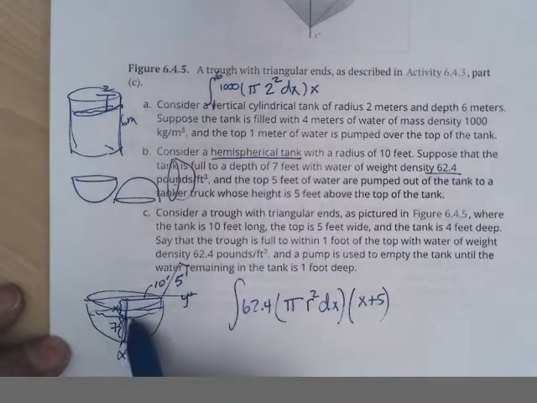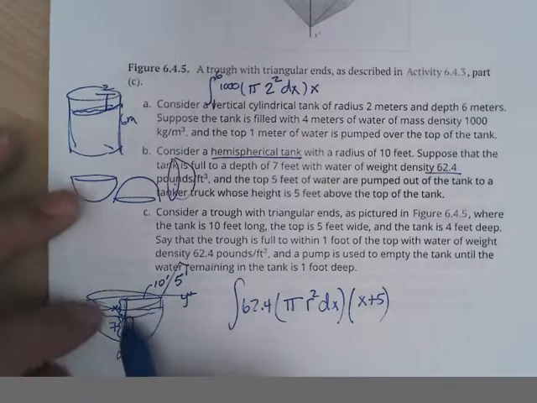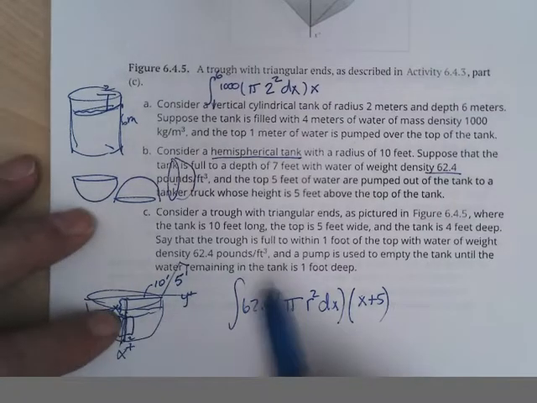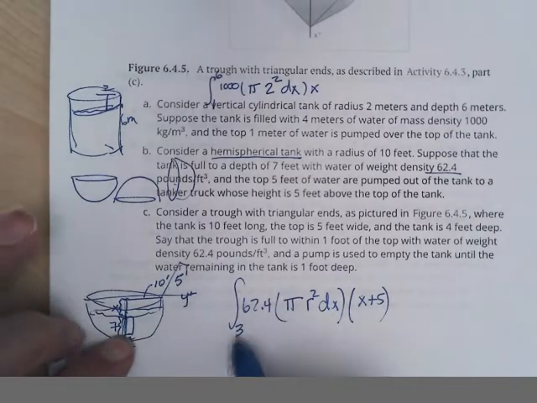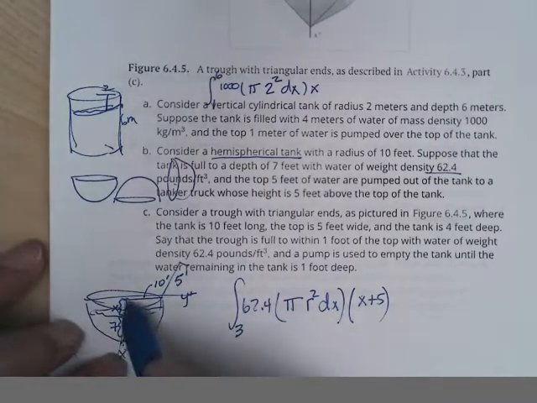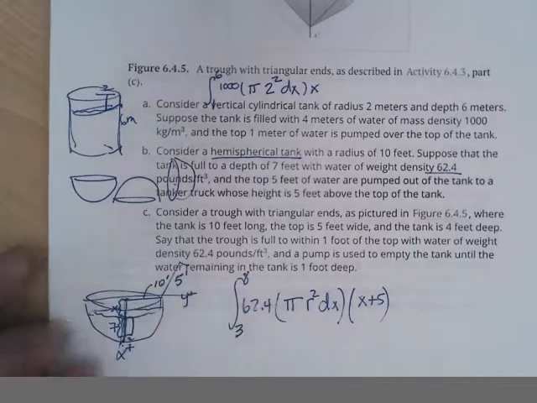So we're going to take 5 feet of water out, which is going to leave 2. So we're going to integrate. x is going to start at 3 and end up down here at 2 from the bottom, which is 8 from the top, and that's where we made our coordinate system.